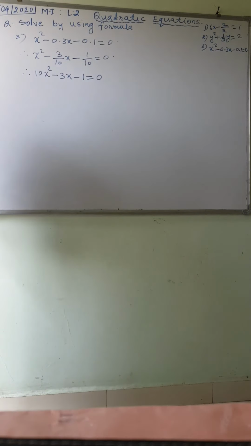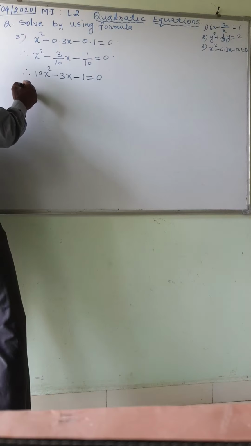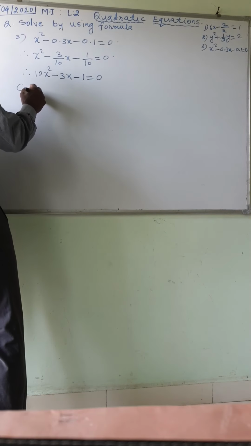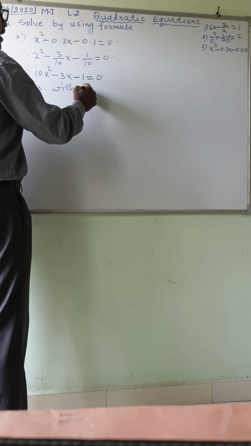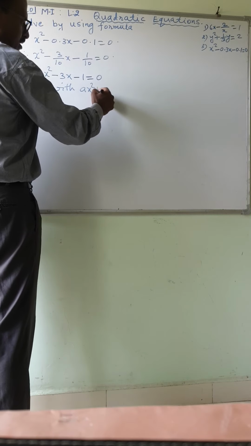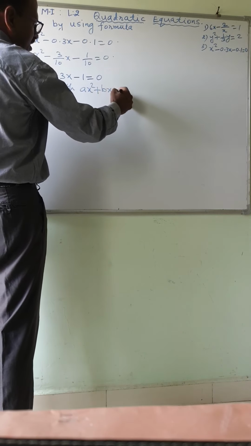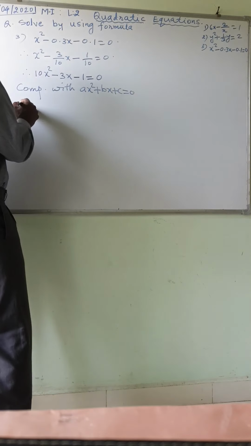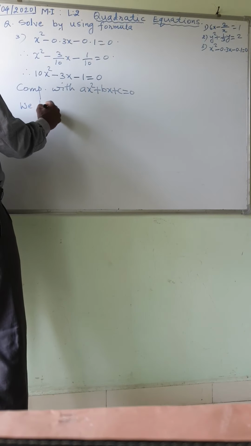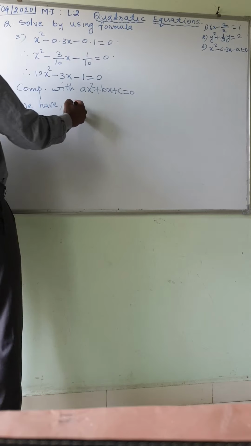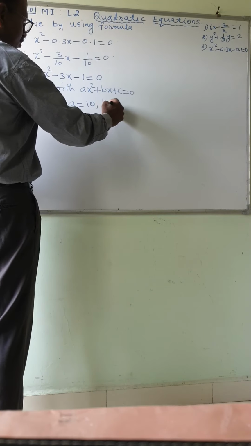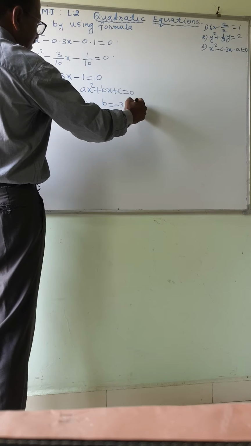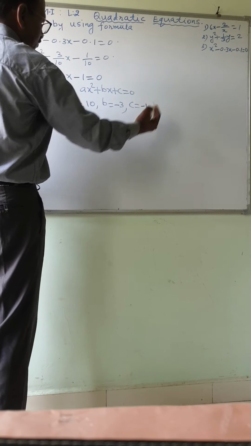Now, it is a quadratic equation; comparing with ax square plus bx plus c equal to 0, we have a equal to 10, b equal to minus 3 and c equal to minus 1.